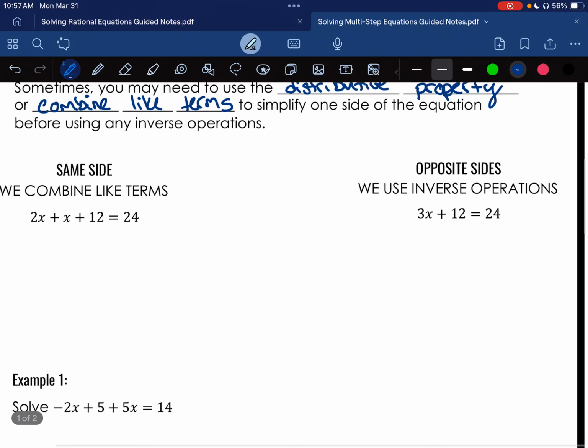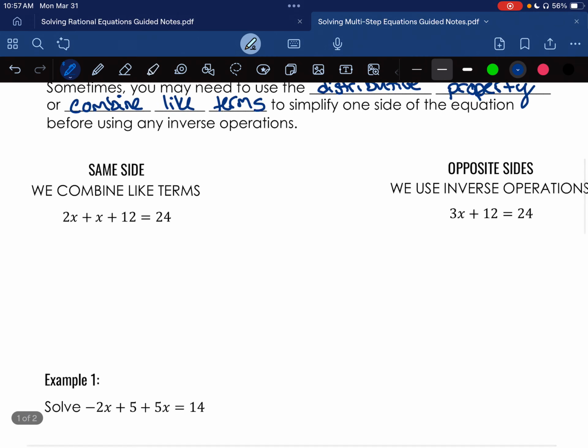So this is a comparison here between what it would look like to do something on the same side of an equation where we're going to combine like terms versus when we would use an inverse operation. So here I have this 2x and x. Those are like terms. They're on the same side of the equation.